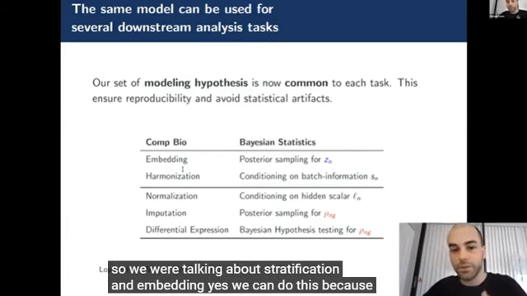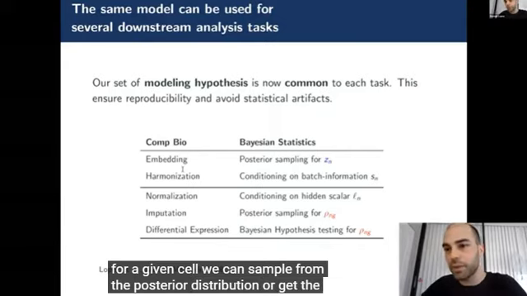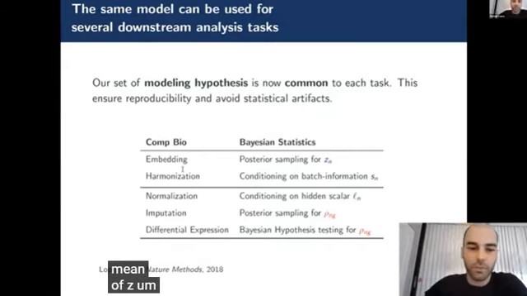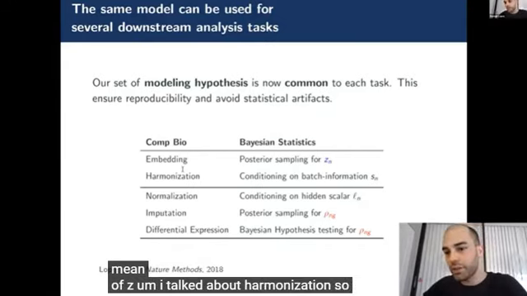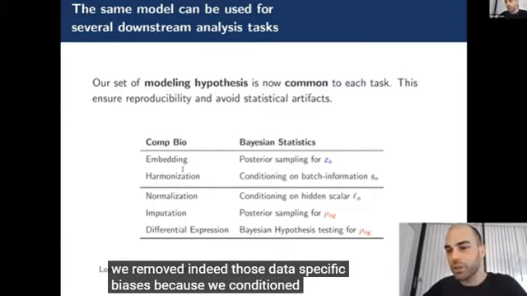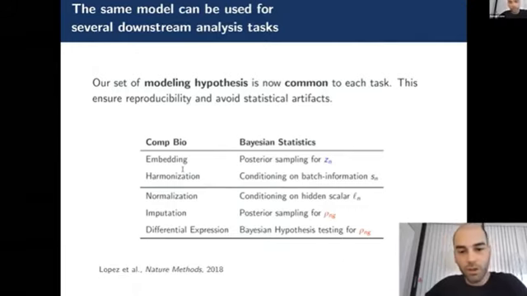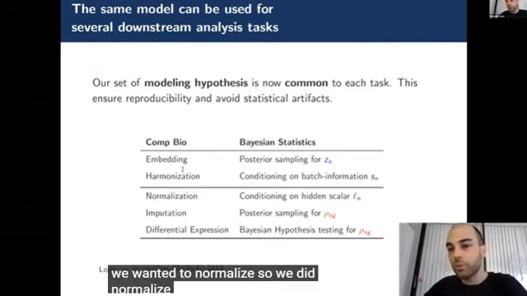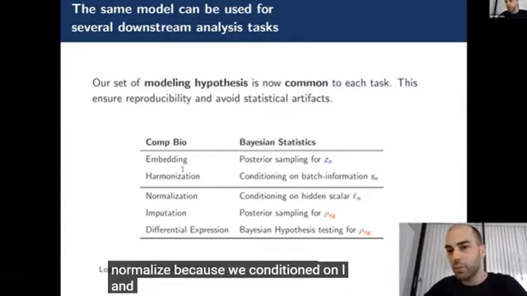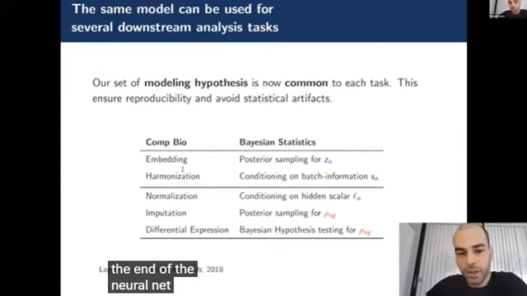Yes, we can do this because for a given cell, we can sample from the posterior distribution or get the mean of Z. I talked about harmonization. So we removed those dataset-specific biases because we condition on this batch information. We wanted to normalize, so we did normalize because we condition on L, and we also have this softmax trick at the end of the neural net.